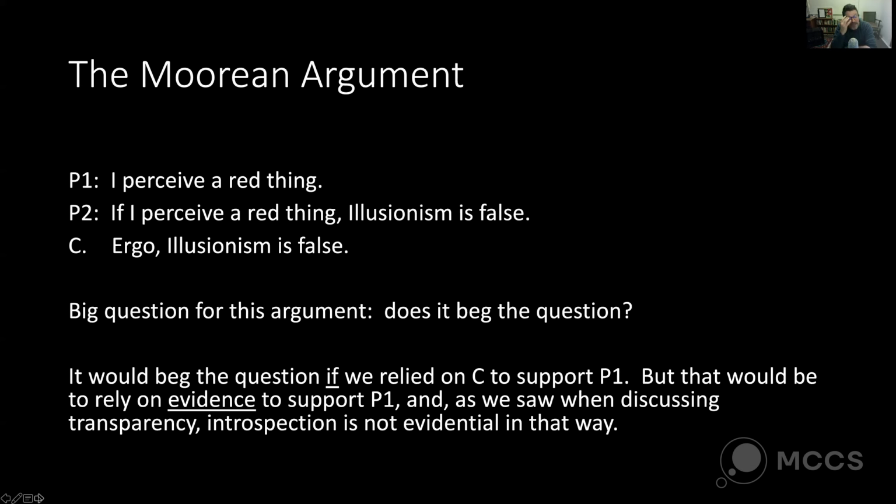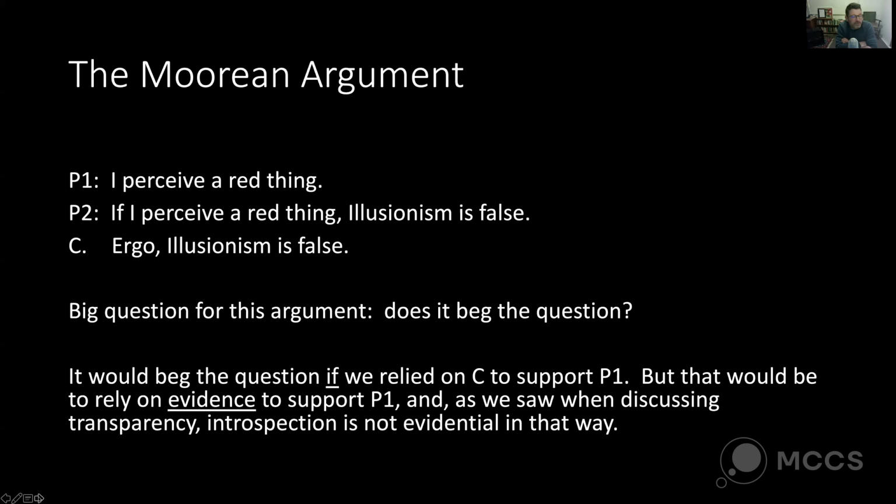Now, there's no question about the validity of these arguments. It seems to be true that if the premises are true, the conclusion is true. And it's also usually accepted that the second, conditional premise is true. So here the idea is that if I do in fact perceive a red thing, then illusionism is false.